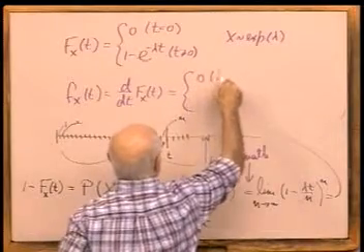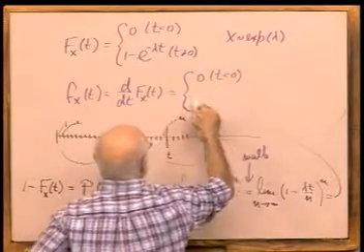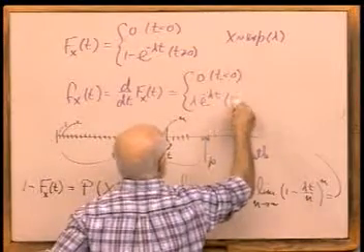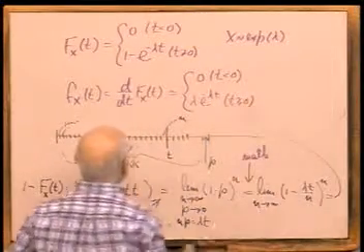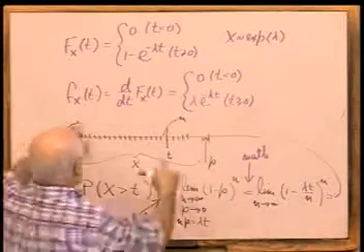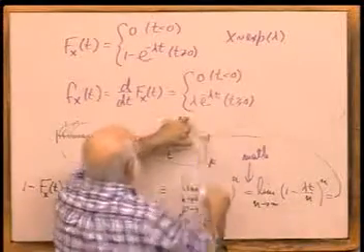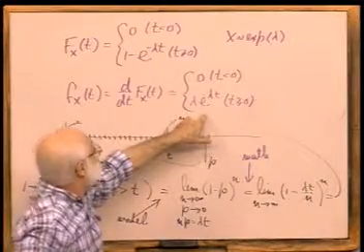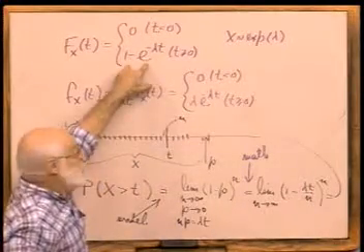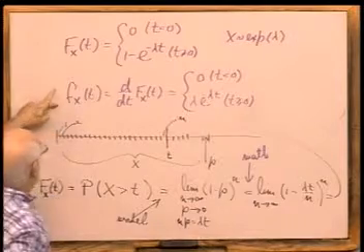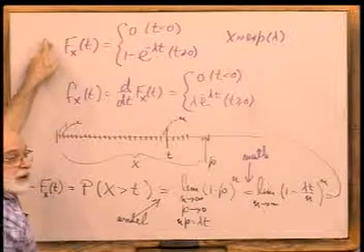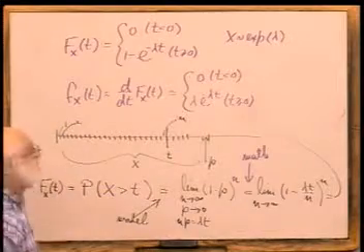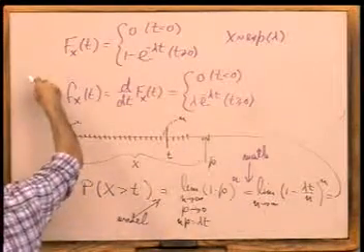I get 0 for t negative, and I get lambda e to the minus lambda t for t not negative. And in homework 0, you were given this right here. You were given little f equal to that, and you were told that big F was the integral of that, and you were asked to find it, and you got that. So in homework 0, you went from here to here, but in the derivation, to have physical meaning, I went from here to here, because you know that they're equivalent.